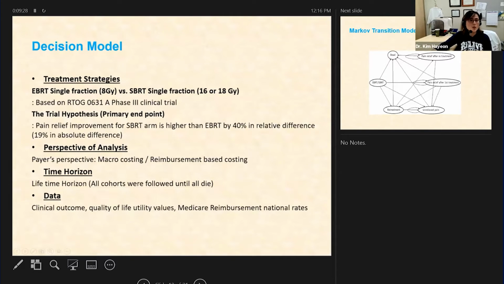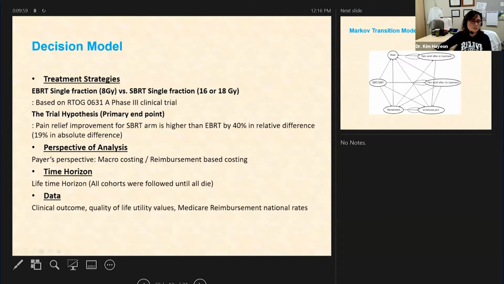So we used the trial's hypothesis and primary endpoint: SBRT will give better pain relief compared to EBRT by 40% in relative difference. We also combined all the other retrospective trials and all the outcome data, and we got the clinical parameter setup.